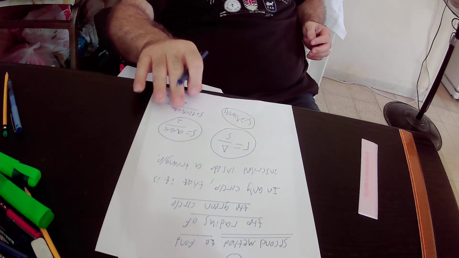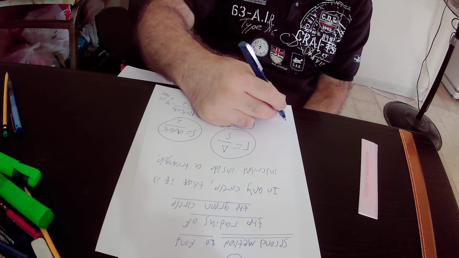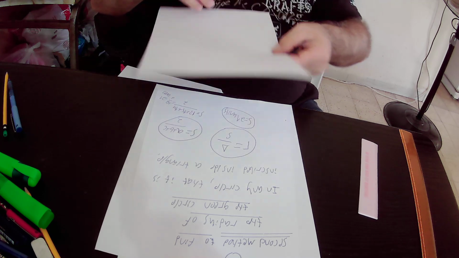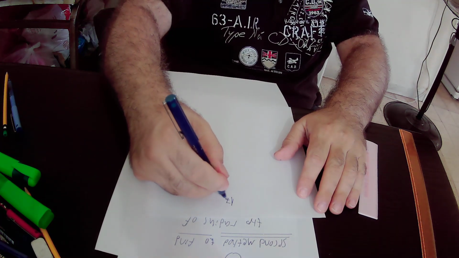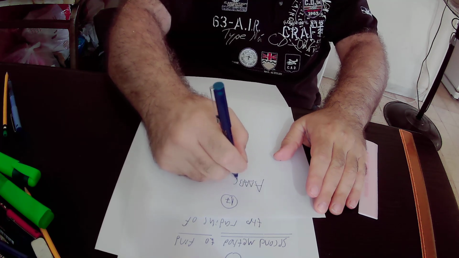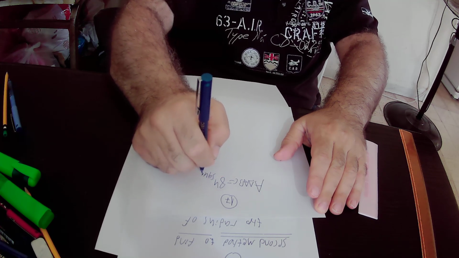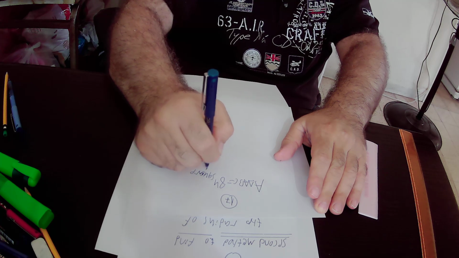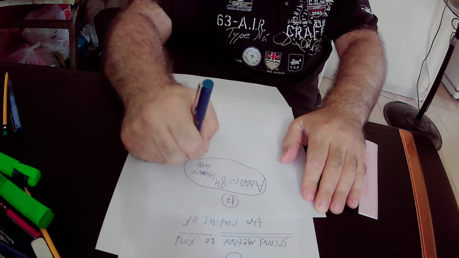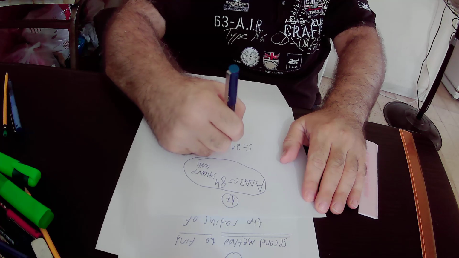Okay, the area of triangle ABC equals 84 square units, and the semi-perimeter of triangle ABC equals 21 units.